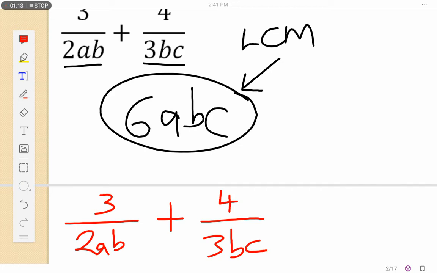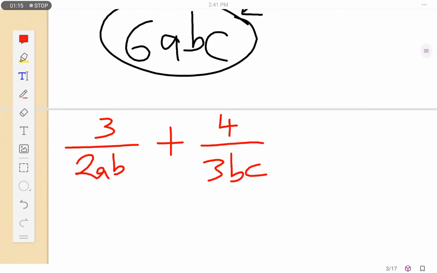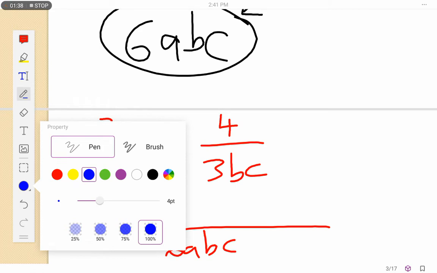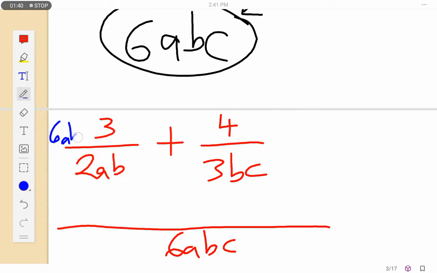Using our lowest common denominator, we have 6ABC. That's our LCM. So we multiply on the first item, 6ABC by this one, and we also multiply 6ABC by this one.